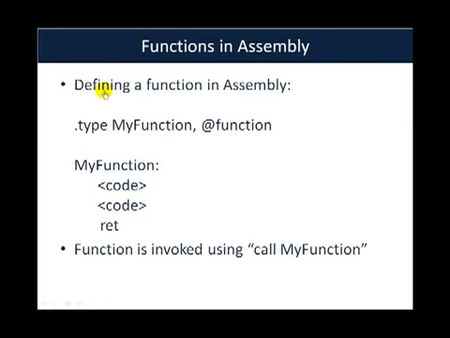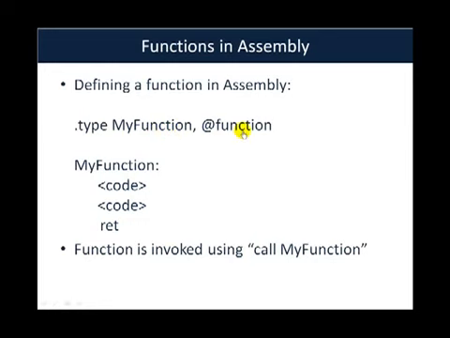The way to define a function in assembly language with the gas compiler is using the .type directive and then saying that it is of type @function. In the middle you have your function name, which is my_function as an example.